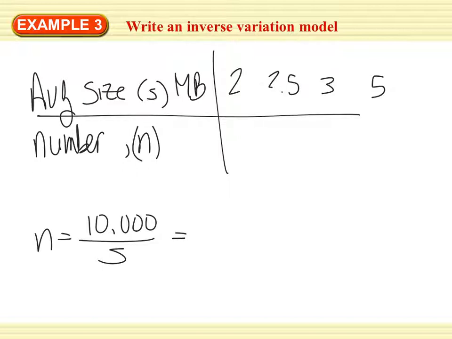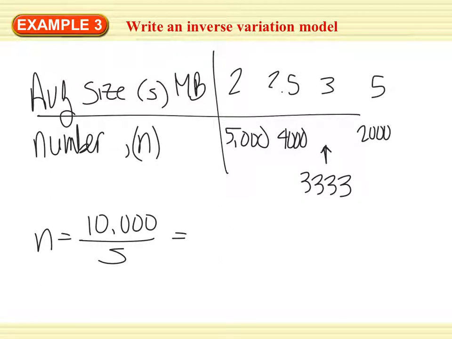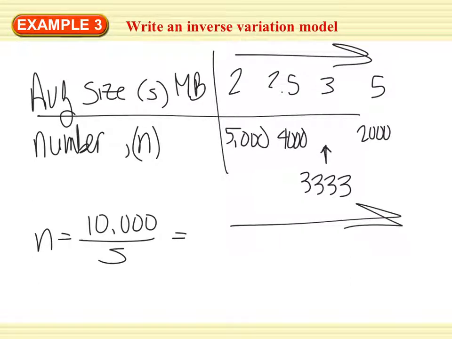Divide by 2, I have 5,000 songs. Divide by 2.5, 4,000 songs. Divide by 3, 3,333 songs. I have to round that because that was a decimal. I rounded to the nearest whole song. And then 2,000 songs. Cool. So we know as the size increases, the number of songs decreases.